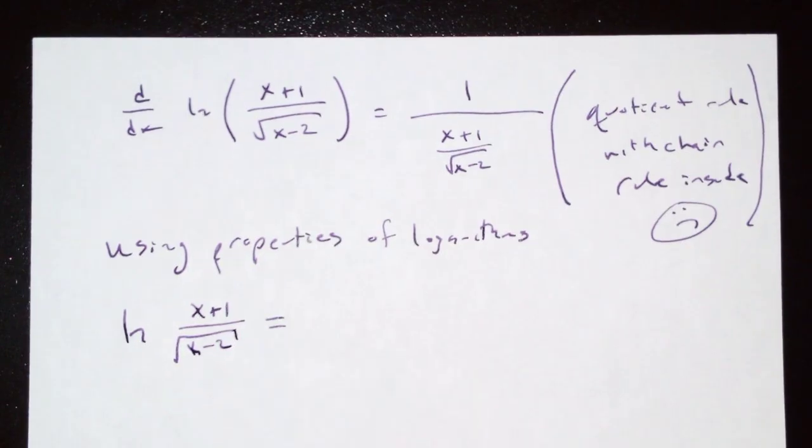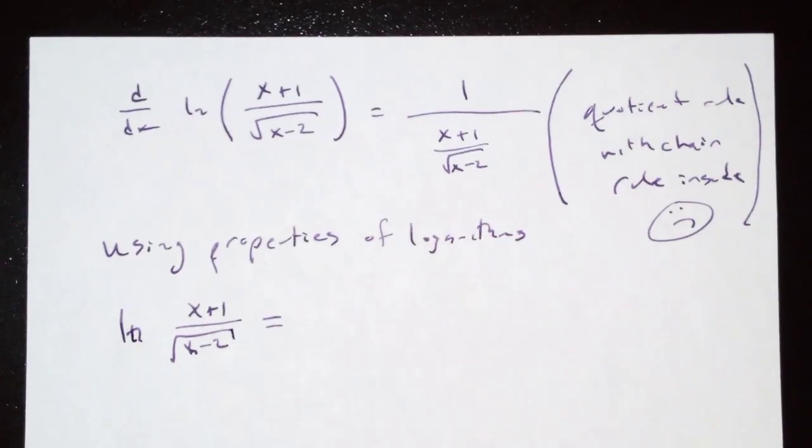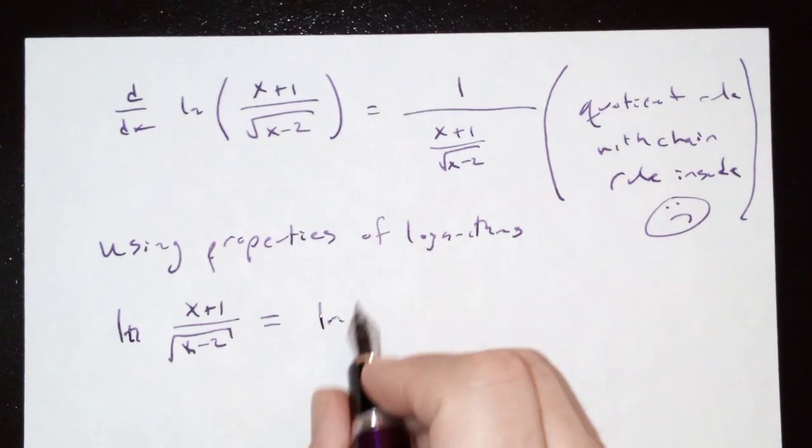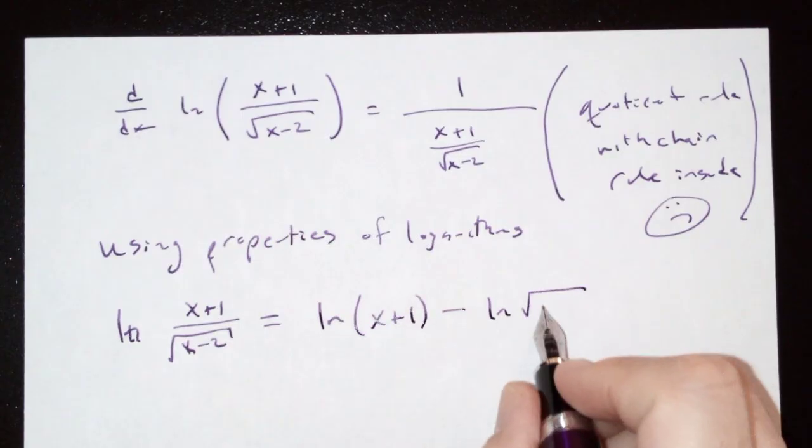So I'm dividing, right? There's division here. And division becomes subtraction. ln of the top thing minus ln of the bottom thing.